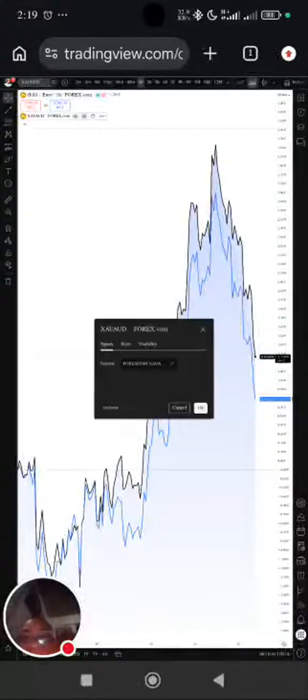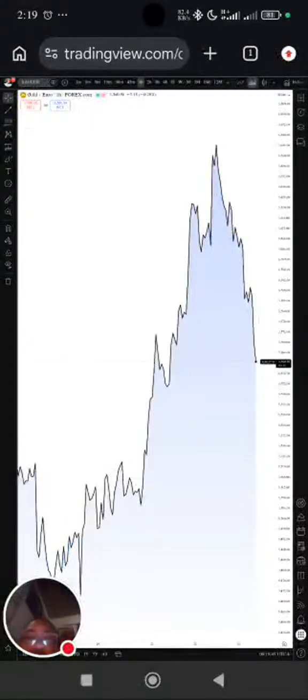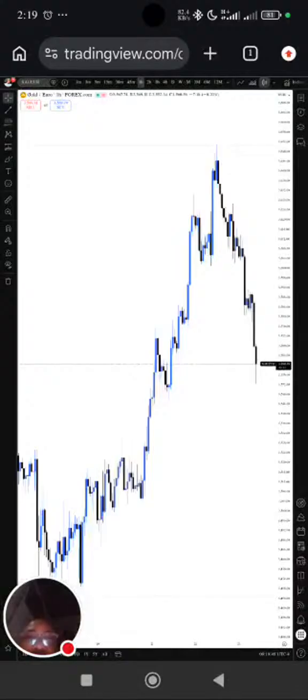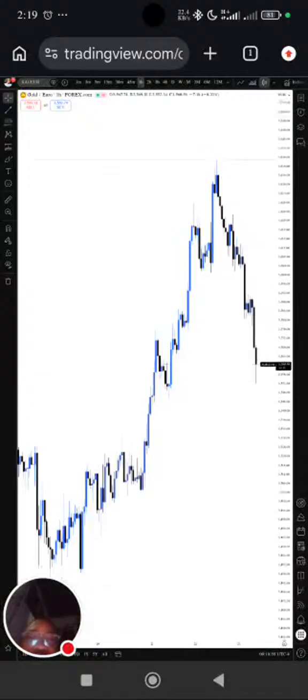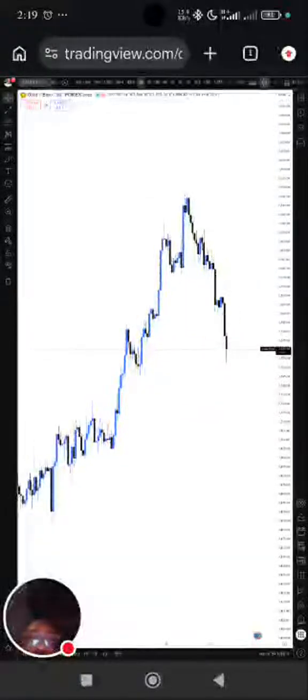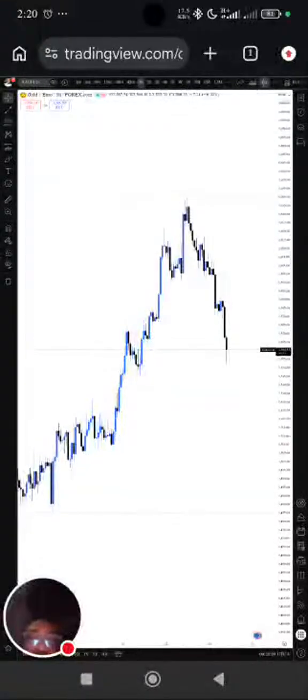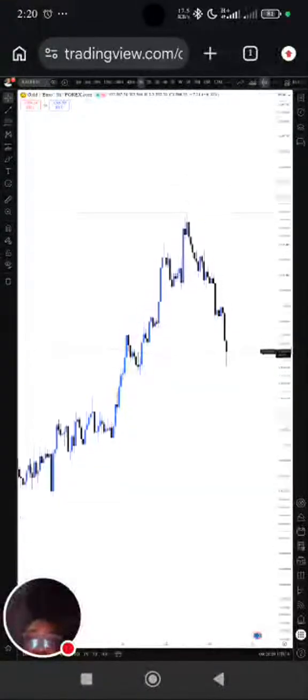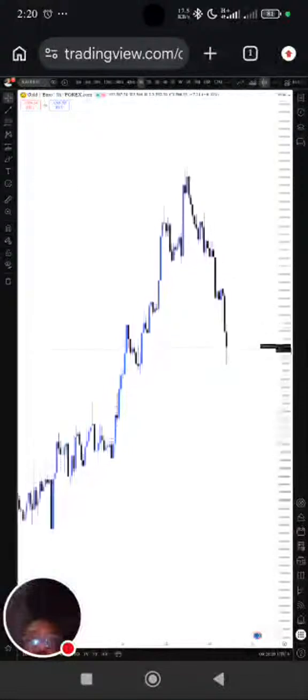Okay, let me quickly remove it so that I can add it all over again. So this is how your chart should normally look, with the green and the red candles. I've changed mine to blue and black.